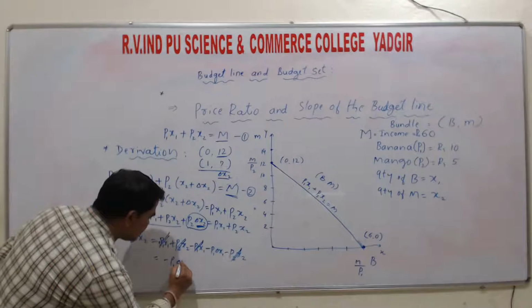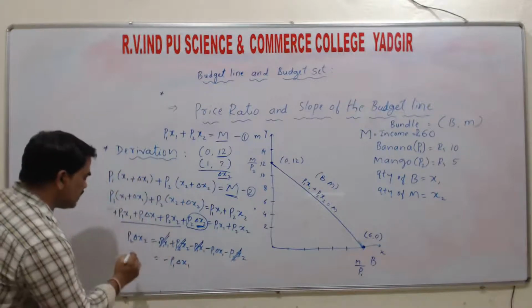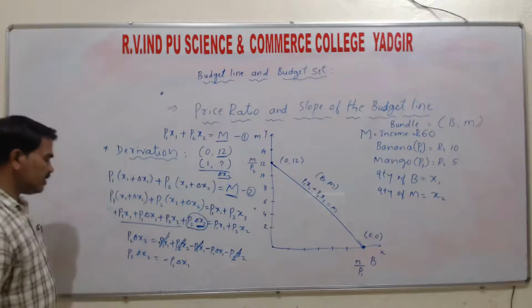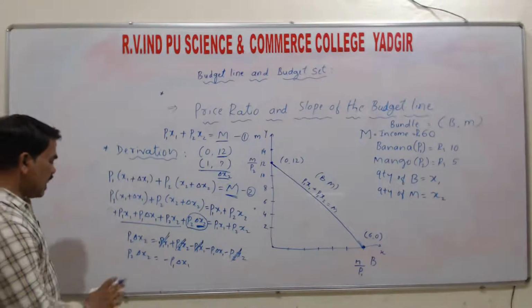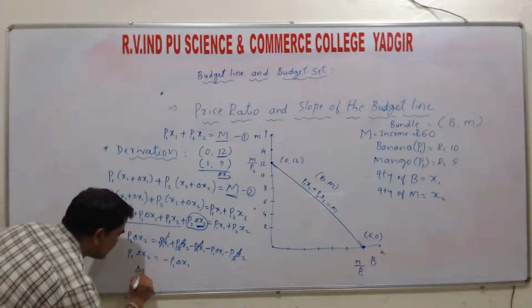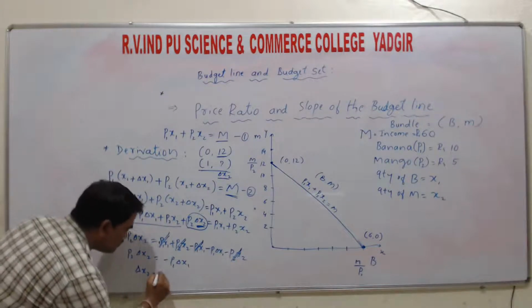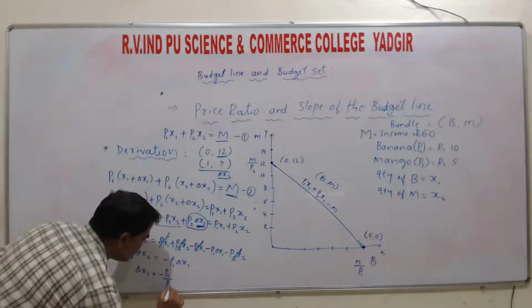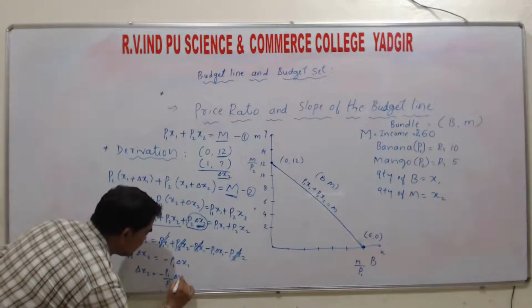Now we are only left with minus P1 delta x1 and P2 delta x2. Correct? Now I don't want the price also. I want to find out only the quantity. That delta x2 is equal to minus p1 by p2 into delta x1.